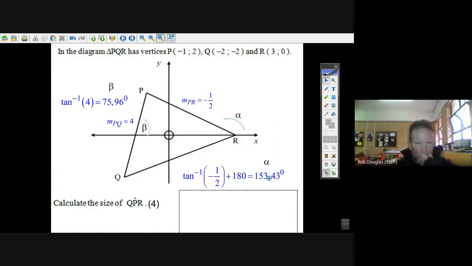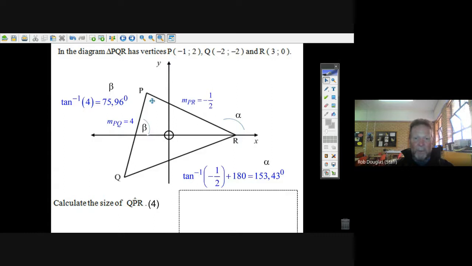Well, now we've got the two angles here. We've got an angle alpha, we've got an angle beta. We want to get this angle up here. But maybe we remember from grade 8 or 9 that the exterior angle of a triangle equals the opposite interior angles added up. So this big angle equals this one plus this one.